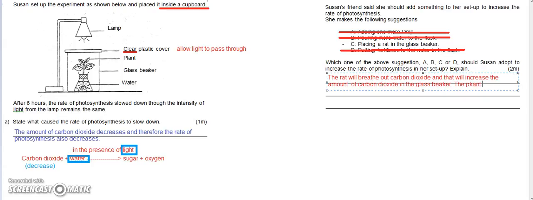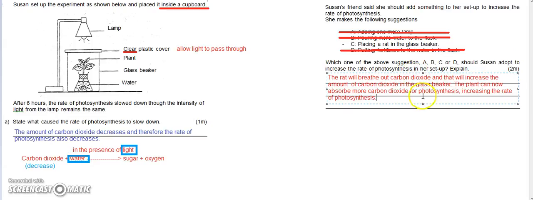The plant can now absorb more carbon dioxide for photosynthesis, increasing the rate of photosynthesis.